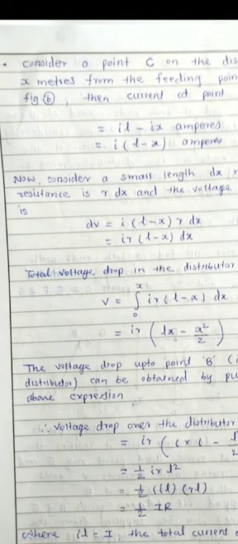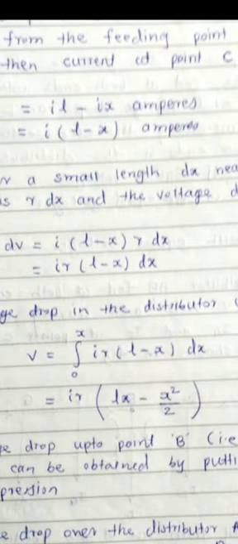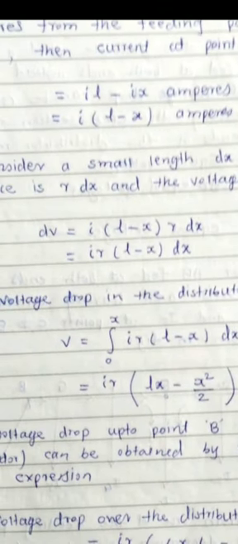Now consider a small length dx near point C. Its resistance is small r dx, and the voltage drop over the length dx, dV, is equal to i in bracket L minus x, r dx.